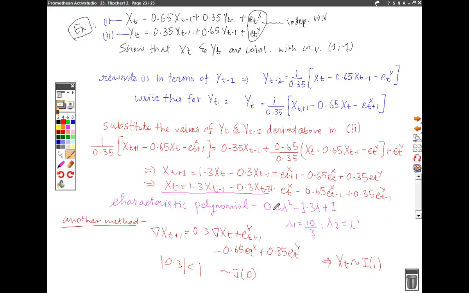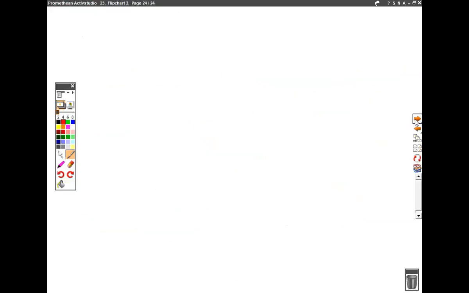Okay, so now the very first condition is satisfied: my xt and my yt are I1 processes, which says that they aren't stationary. But now let's see if there is any connection between those. We have to prove that they are co-integrated with the vector 1 comma minus 1. So my series becomes xt minus yt.